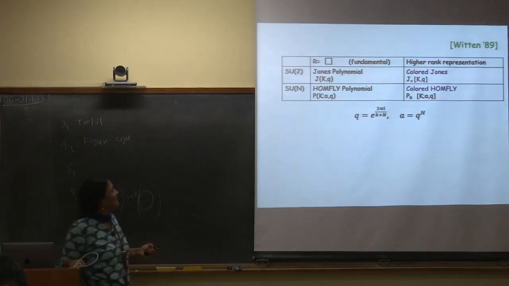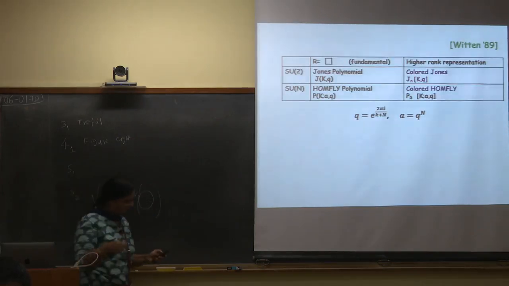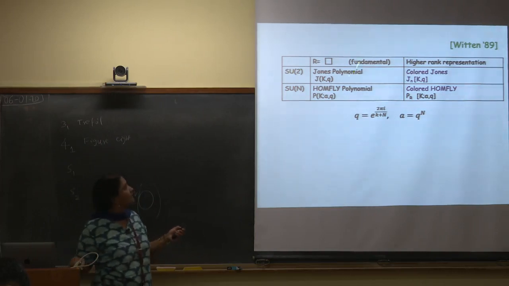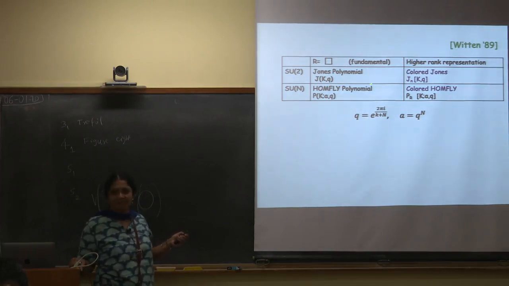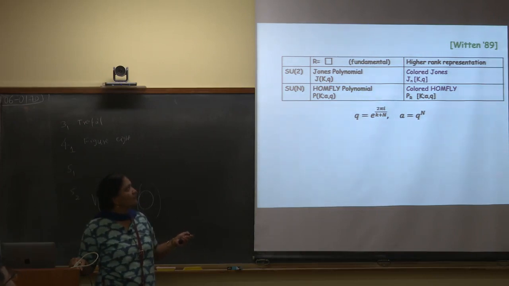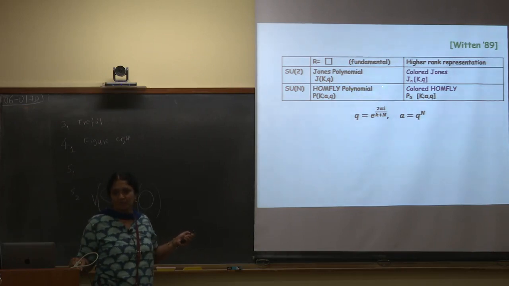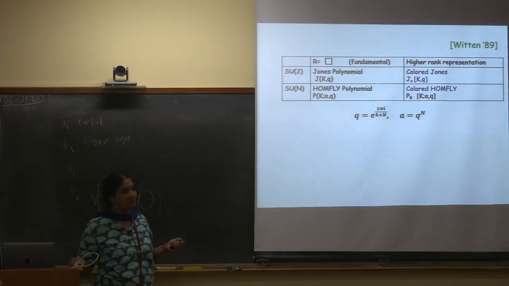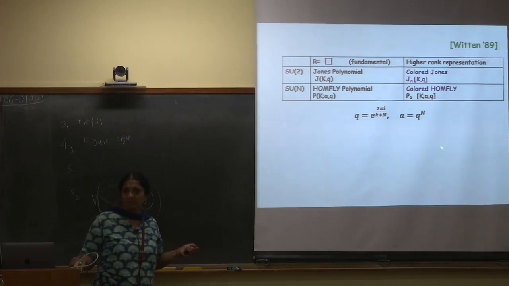Okay, so let me give it as a table. SU2 gauge group, fundamental representation, whatever expectation value we find, this is the work of Witten, it's nothing but the mathematicians' work, which is the Jones polynomial. If you put different representations other than the spin half, if you put higher spin representations, you end up getting new polynomials for the same knots.